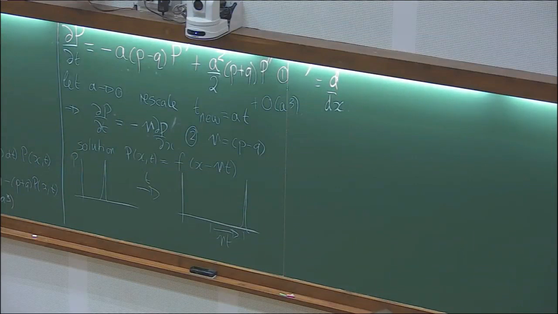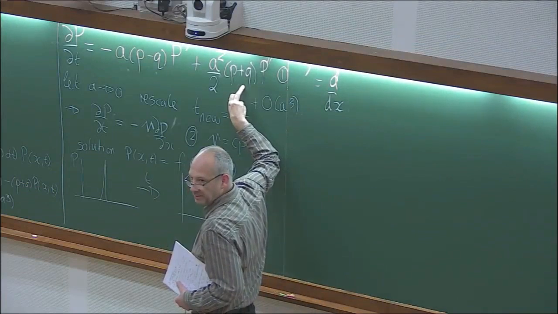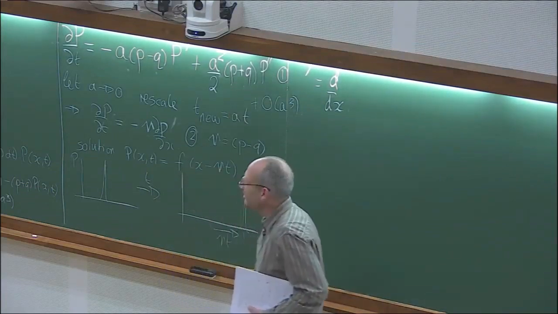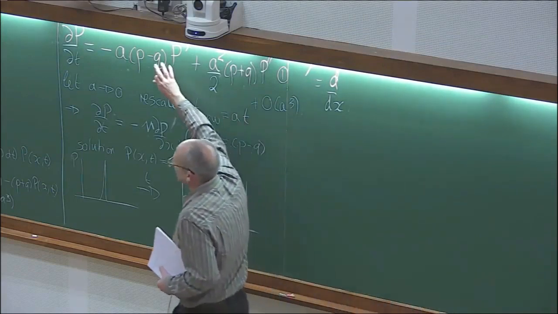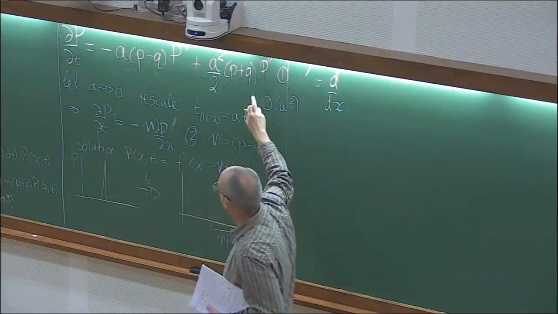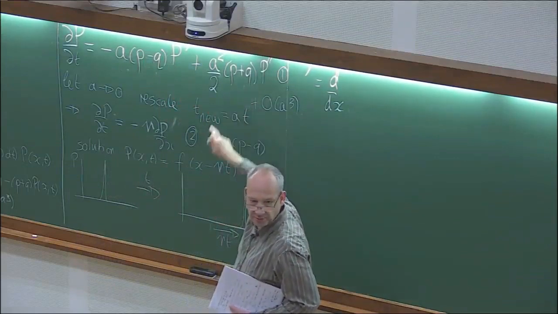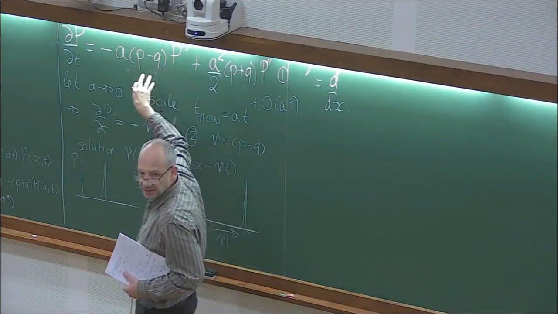I'm just getting a deterministic solution. And that's not what I want. So on physical grounds, I want to keep this term here. If this term wasn't here, then that would all be fine, because this would be the leading order term in a squared. But because generally I have this term here, I have to be a little bit careful.